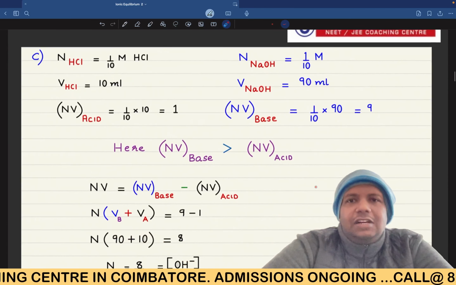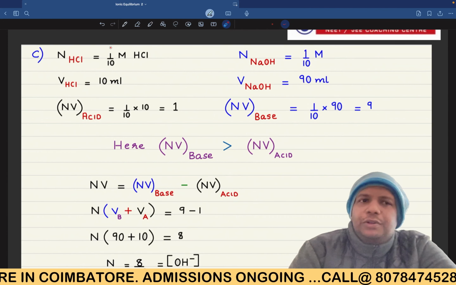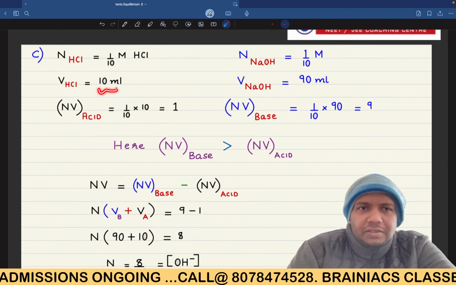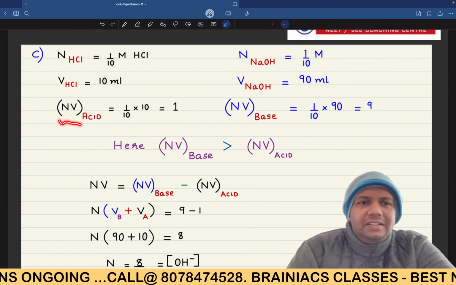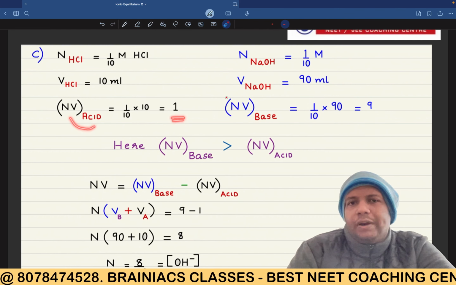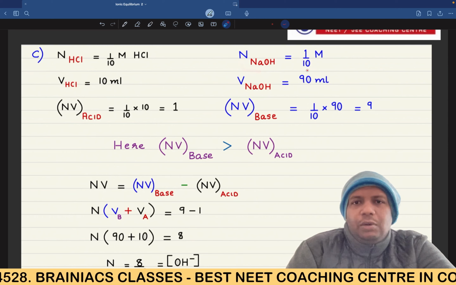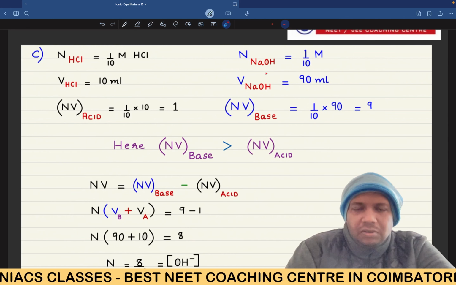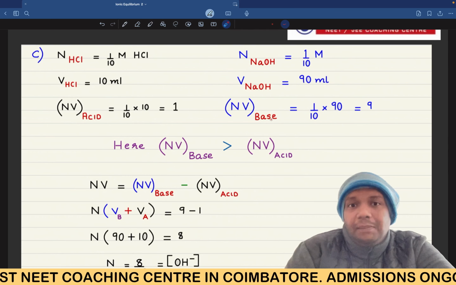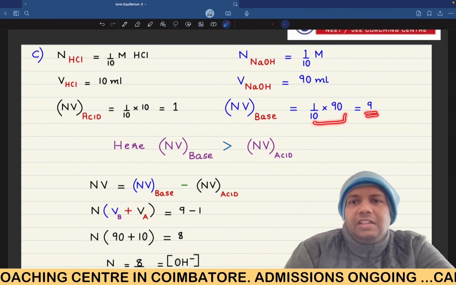Now you take the third option. In the third option also, you can see normality is 1 by 10 molar. Volume is 10 ml. So multiply this, and you get NV of the acid equal to 1. And normality of NaOH is 1 by 10 given in the question, option C. And the volume of NaOH is given as very high, 90 ml. So calculating this, the value is 9.